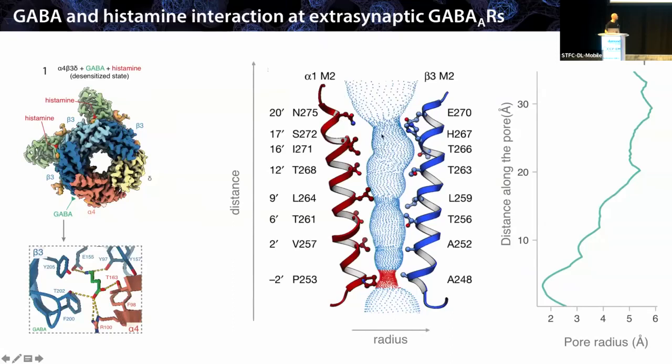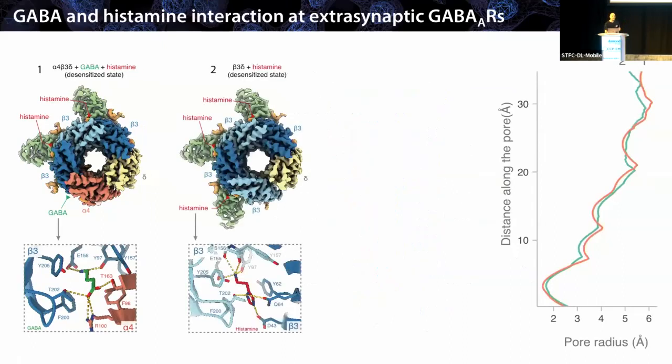These are the two pore-surrounding helices, and on the x-axis is distance along the pore. And you can see that this receptor adopts a desensitized state, which is characterized by a constricted pore at the lower gate.